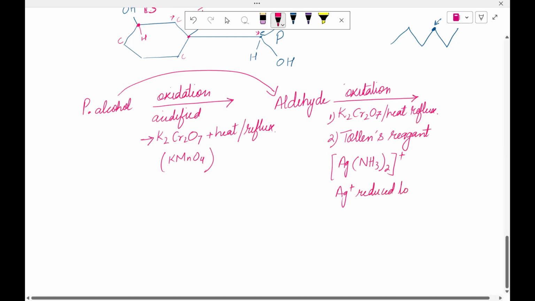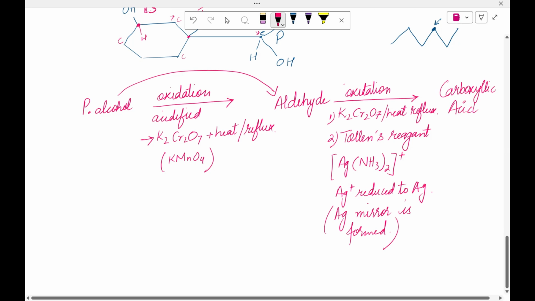And what is the appearance of it? A silver mirror is formed in this kind of reaction. And that is going to form carboxylic acid.